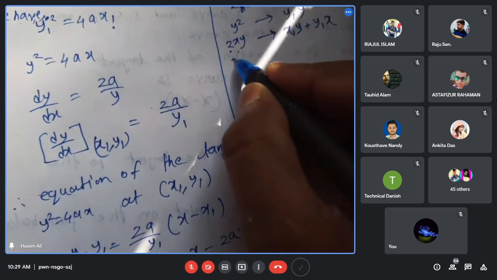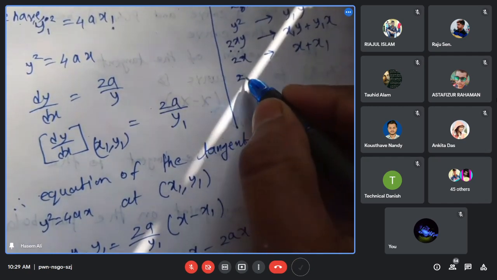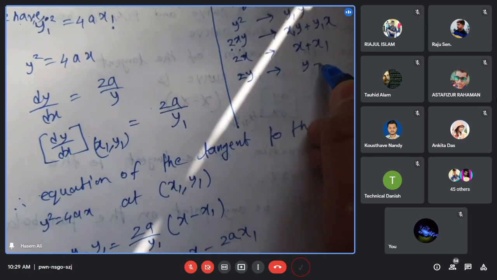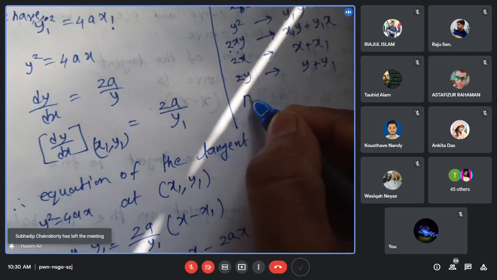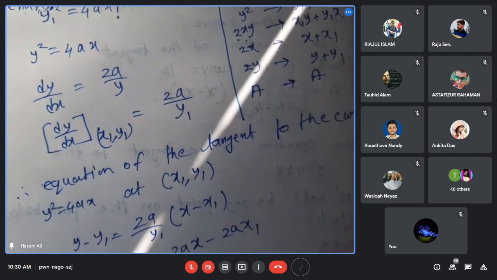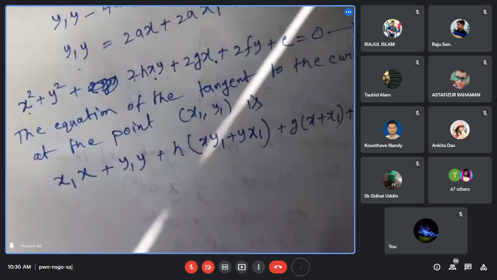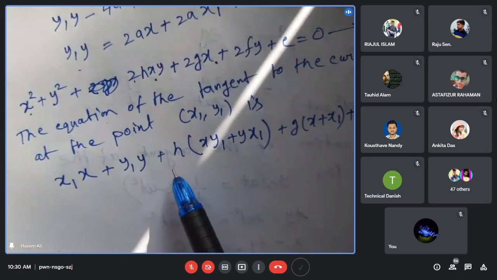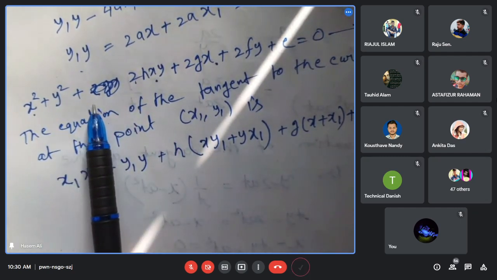For 2x, it will be x plus x1. For 2y, it will be y plus y1. The constant term will be the same. So this is the general form of the equation of the tangent to this curve.